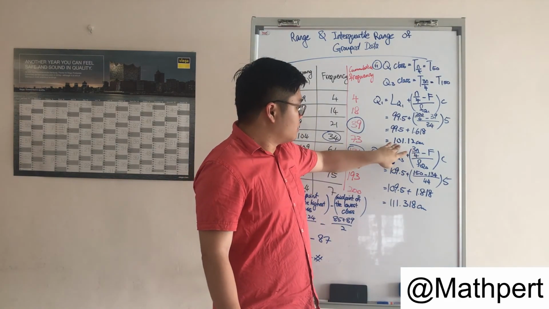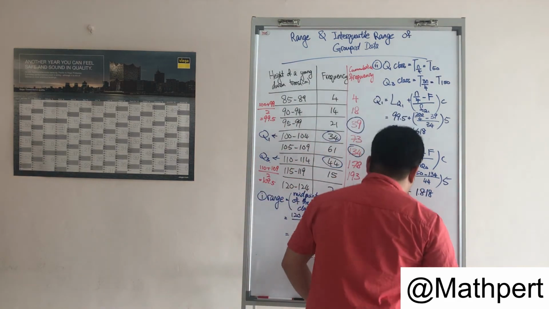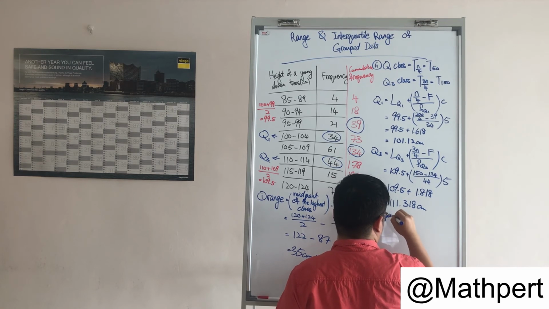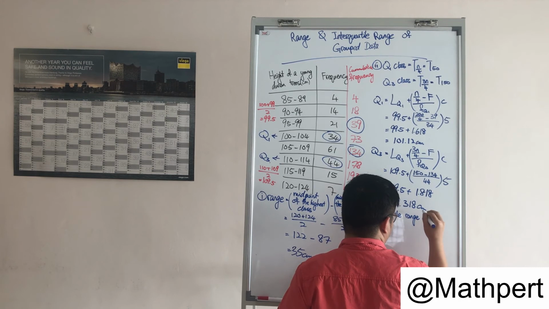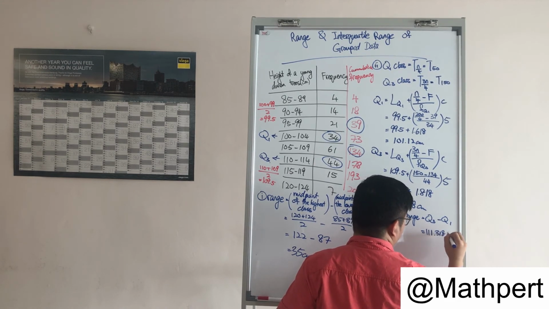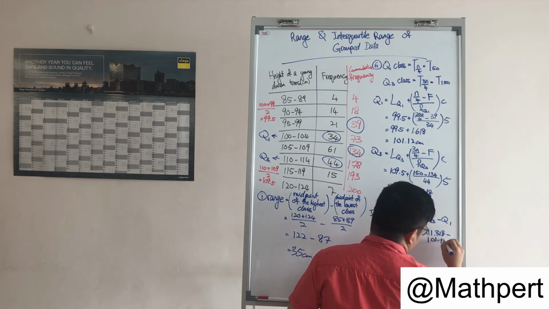Q1 is 101.12 cm. Then the interquartile range is Q3 minus Q1. So Q3 is 111.318 minus 101.12.